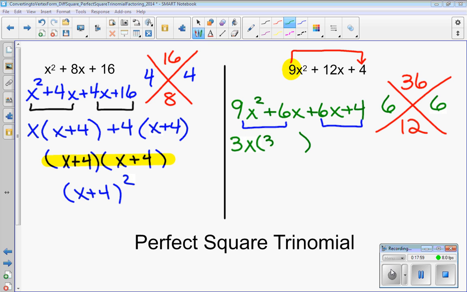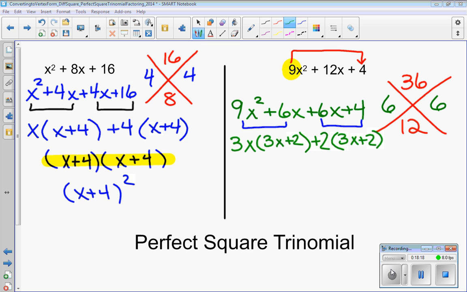3x plus 2. And I absolutely 100% have to have what over here? Which is 3x plus 2. And I take out a 2. Very good. Because 2 times 3 is 6 and 2 times 2 is 4. I agree.